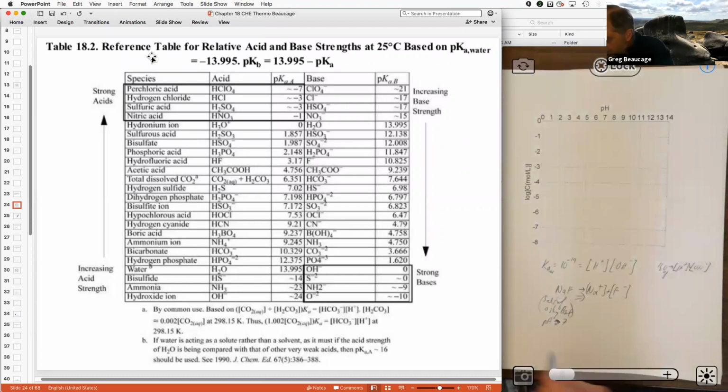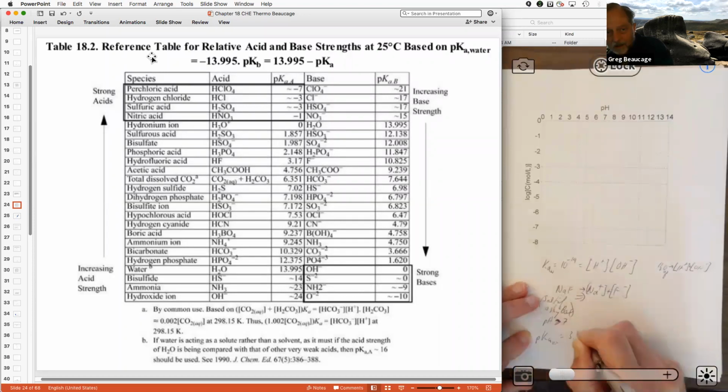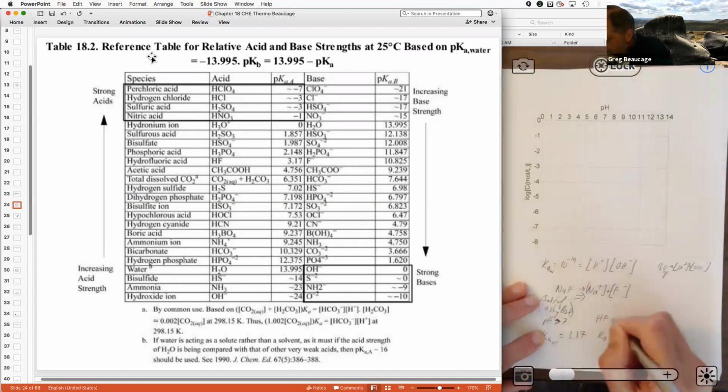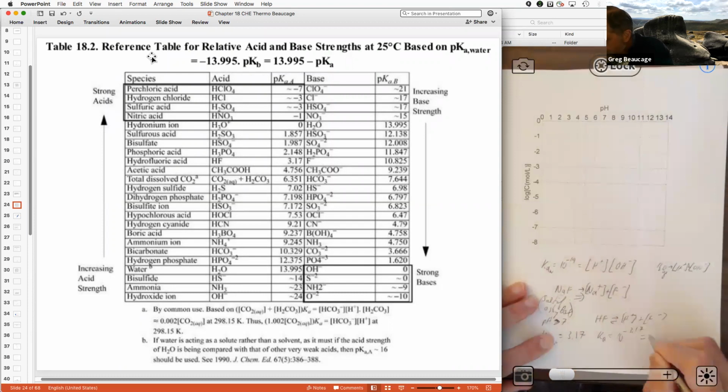So Ka for HF, or pKa is 3.17, so Ka equals 10 to the minus 3.17. The reaction for HF is HF goes to H plus and F minus, so Ka is H plus times F minus divided by HF.